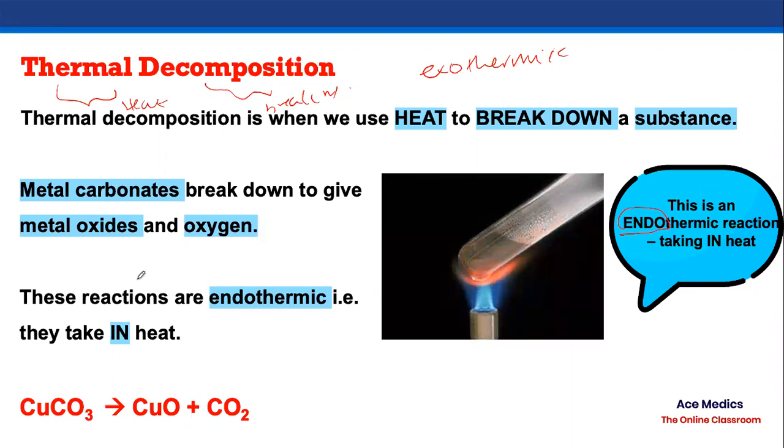Okay, so an example of this can be metal carbonates. Copper carbonate, breaking it down to give metal oxide and carbon dioxide. These reactions can be endothermic and they will take heat in. So this equation, is this balanced?